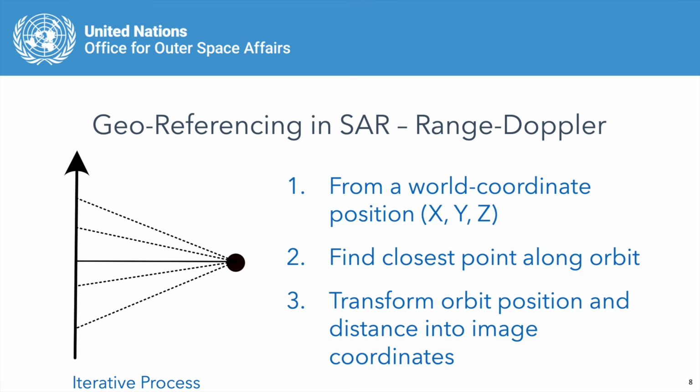Okay, now let us come to a bit of theory, and that is on georeferencing. How are we georeferencing in SAR systems? The standard mode is what we call range Doppler mode, where we go from world coordinates, so latitude, longitude, elevation, and then we are looking for the closest point of the orbit of the sensor.